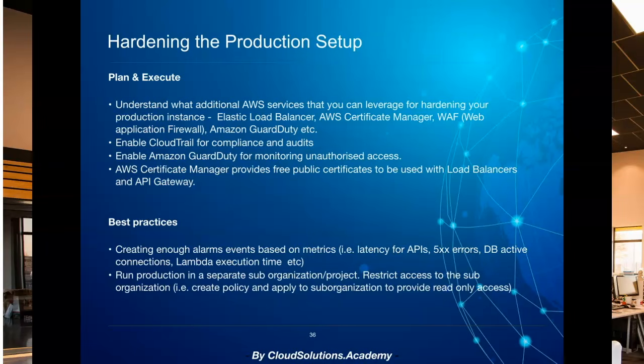In terms of production setup, run the production resources in their own sub-organization and VPC and manage it through the root account. I talked about how to design an AWS organization earlier and how to create root and sub-organizations based on environments.